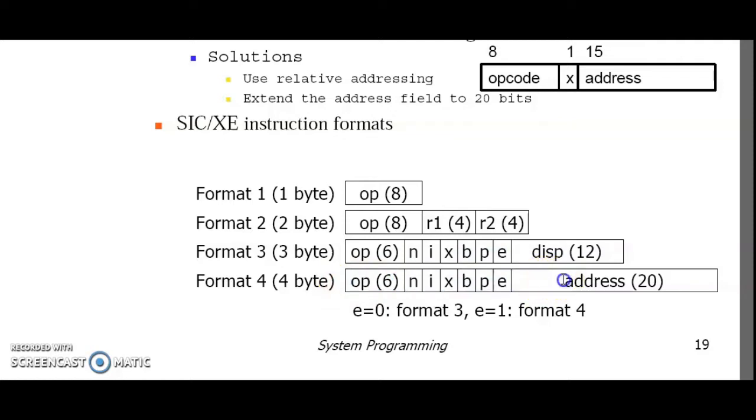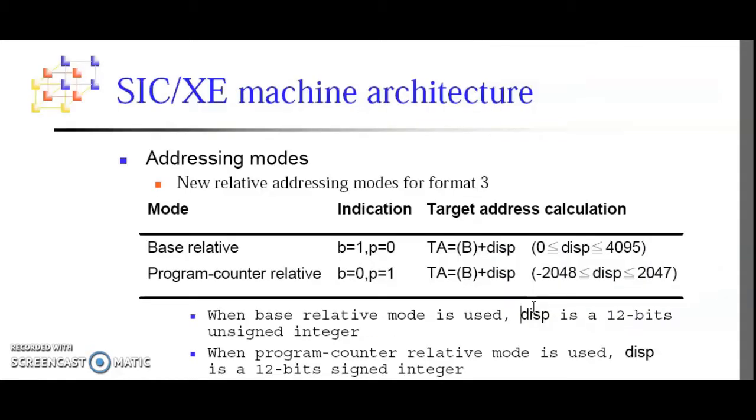In addition to that, it has an address field of 20 bits. That is the main difference. In order to distinguish between format 3 and format 4, we make use of the bit E. If the E bit is equal to 0, it is format 3, and if the E bit is equal to 1, it is format 4.